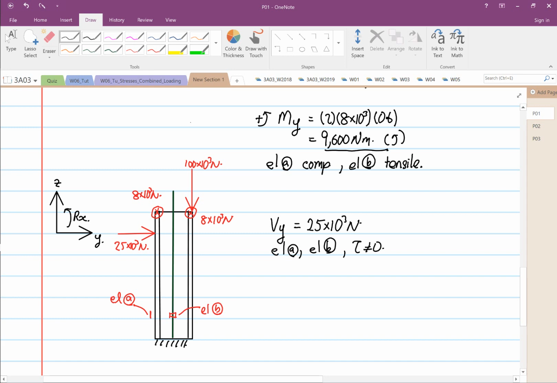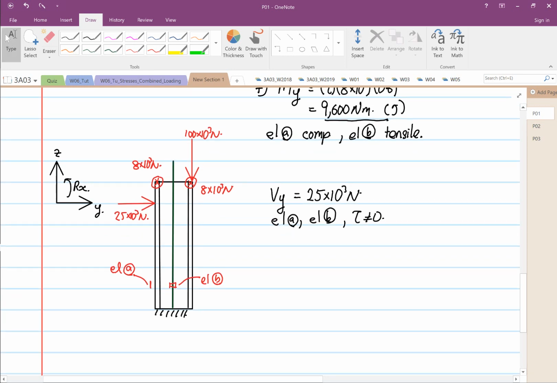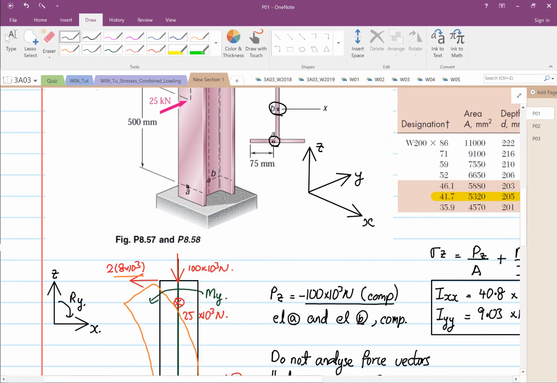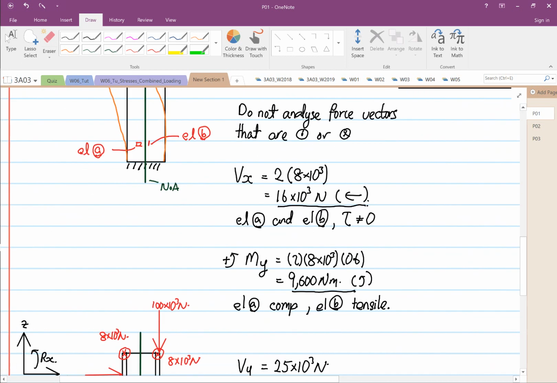Okay. So the next one is we want to take moment about x. So I'm going to call this direction positive. So moment about x will be equal to 25 times 10 to the power 3 force, and then the distance is 0.5. So relative to the element, it's 0.5.